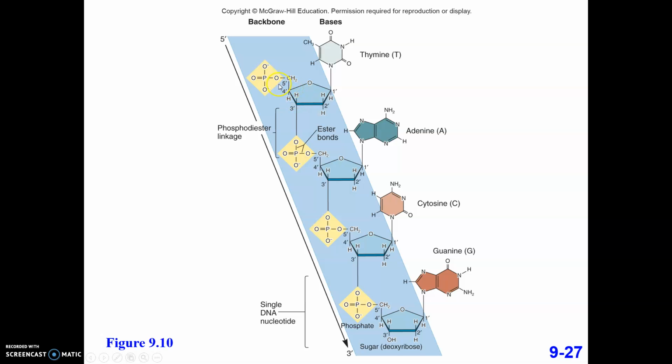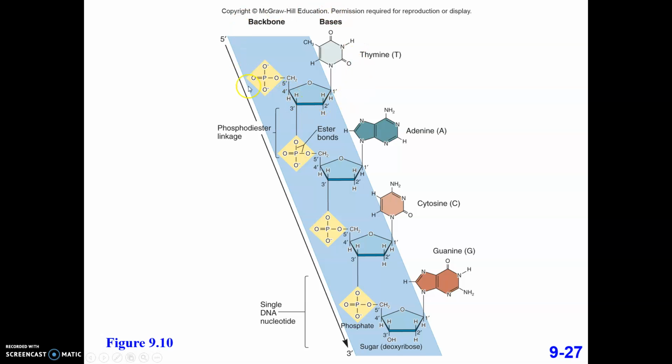So here on the 5' end, we have a phosphate group attached to that carbon. And when you look here, we have phosphate, covalent link to oxygen, covalent link to carbon. When you have things bonded to an oxygen, this is called an ester, and so it's a phosphodiester bond.